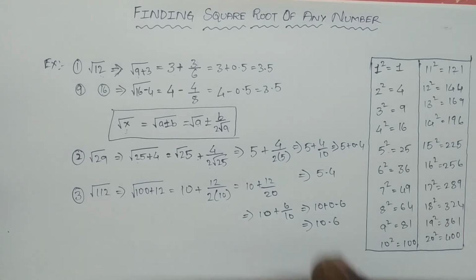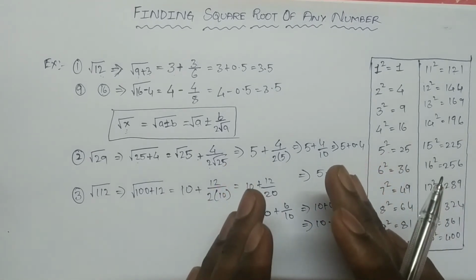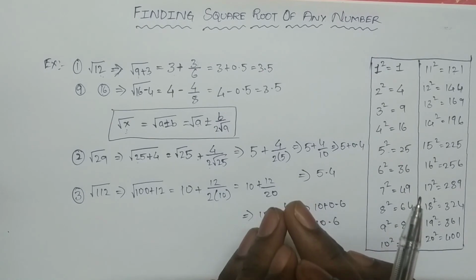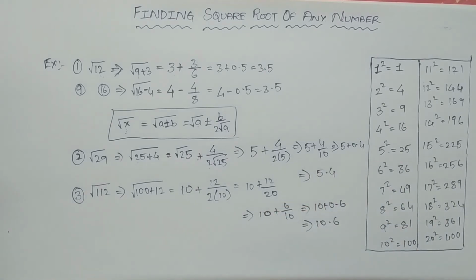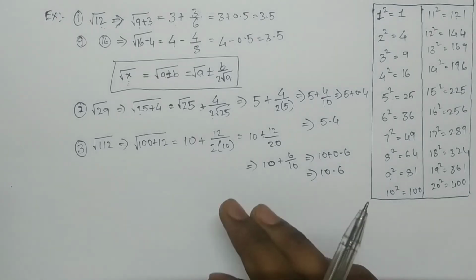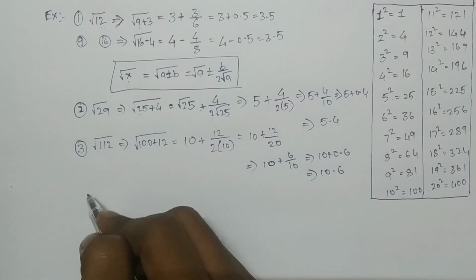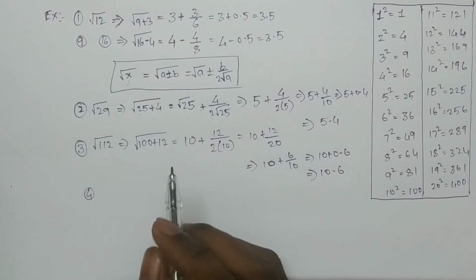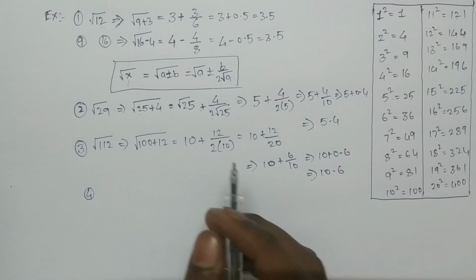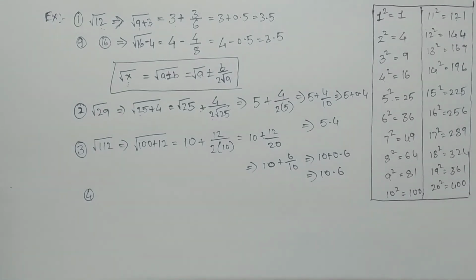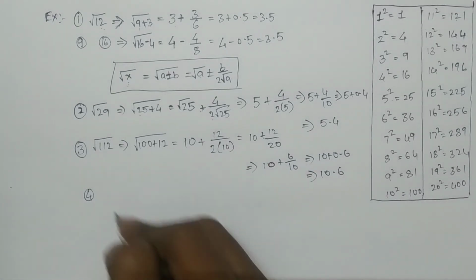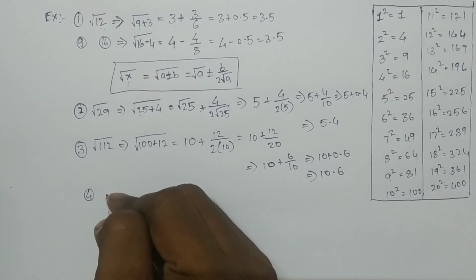So this is the simplest method by which we can find the square root in a fraction of seconds. Now I am going to solve one more last example directly, without writing any more steps.